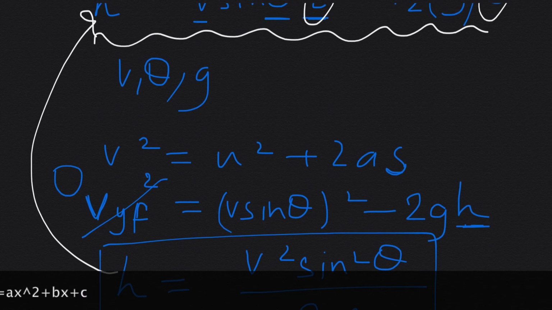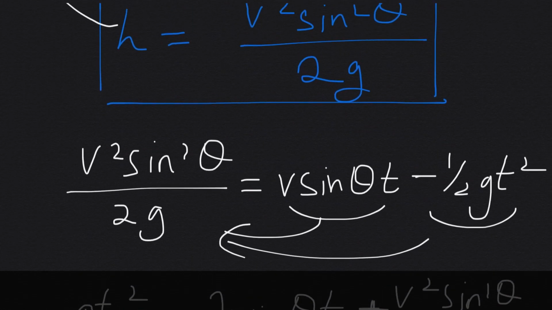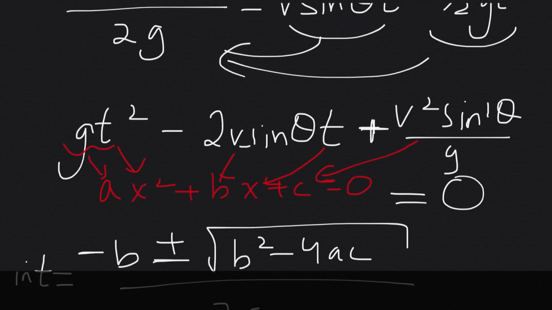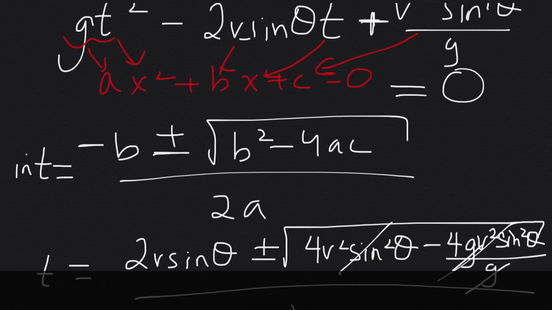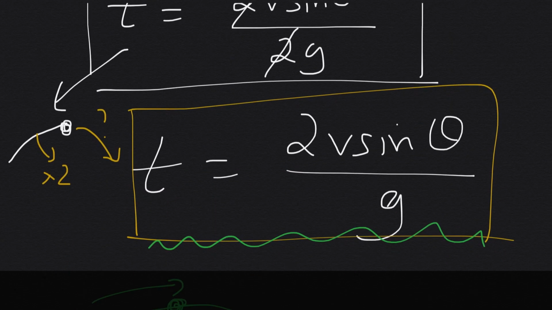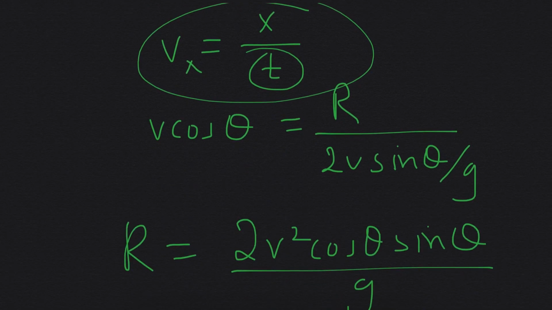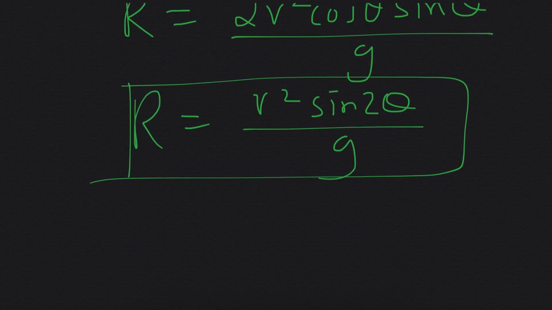Another point I wanted to bring out was these formulas: the maximum height formula, the time of flight formula, and the maximum range formula. You could easily just remember them and pretty much solve any projectile motion problem.